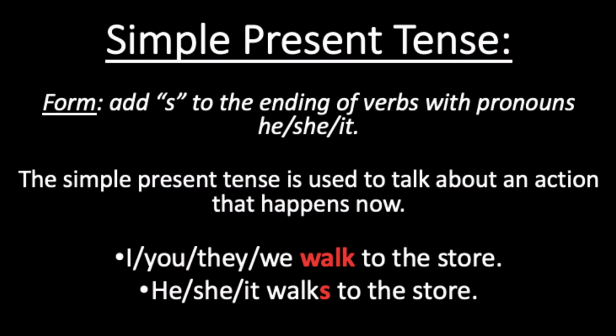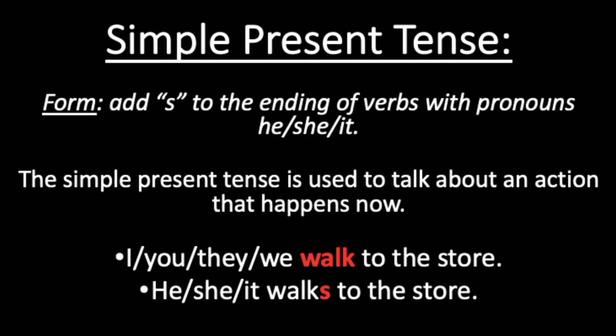We use this tense to talk about actions happening right now. They're in the present. For example, I could say, I walk to the store, or I swim in the pool. So these actions are happening right now in the present. To make a sentence using this tense, we do not change anything about the verb for the pronouns I, you, they, and we.